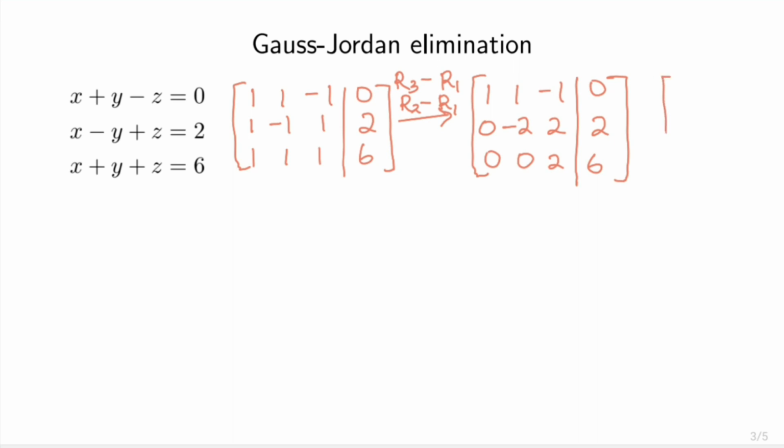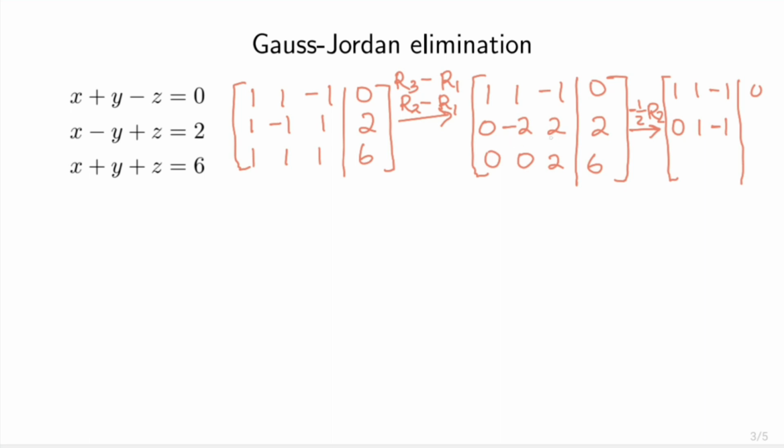We can get 1, 1, minus 1, 0 as before. Then here becomes 0, 1, minus 1, because now we are dividing through by minus 2. Let me write that. We're basically saying minus half times row 2. That's what we are doing. So you multiply minus 2 by minus half, you get 1.